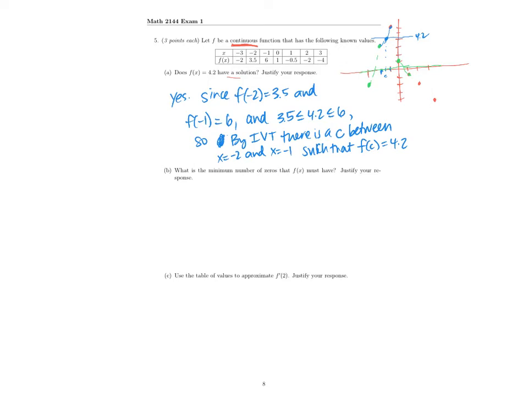It could have more because I know that these two values are on my graph, but it could do something like that in between, we don't know. But anyhow, definitely it goes through somewhere between these points and these points here. So we have 2 by the IVT.